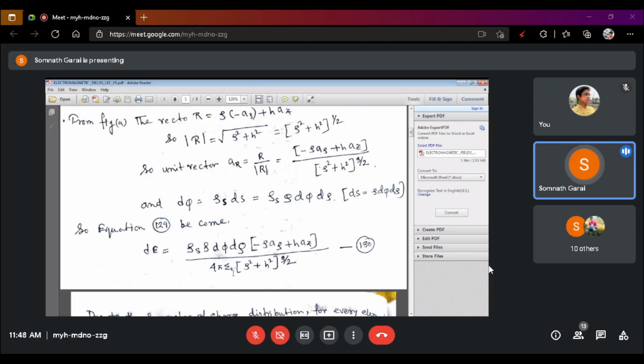So equation 129 becomes equation 130 with respect to cylindrical coordinate form.